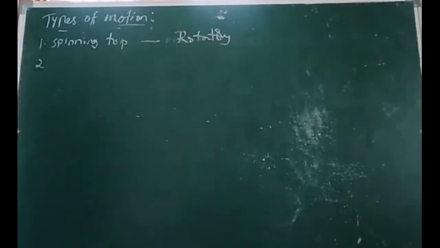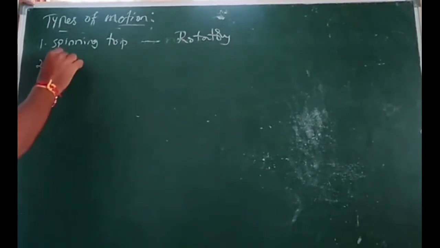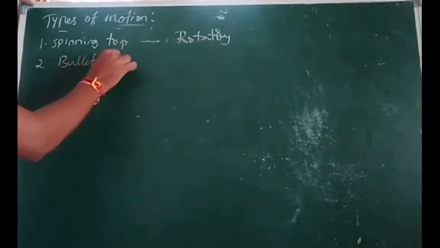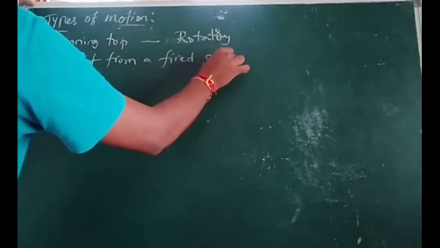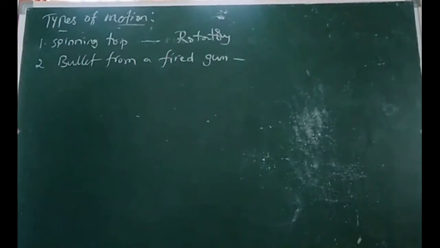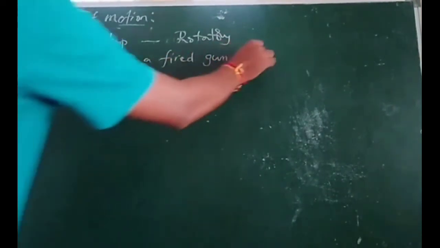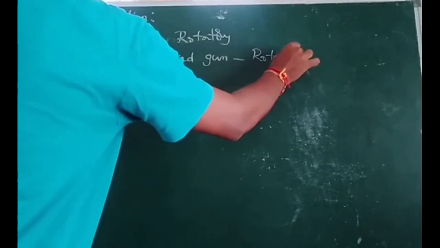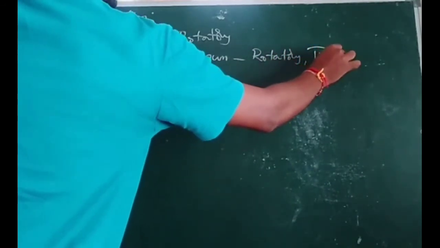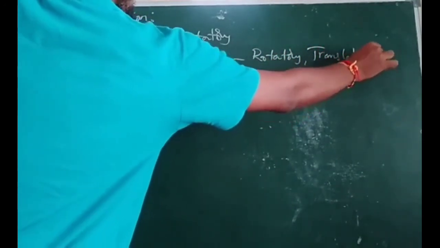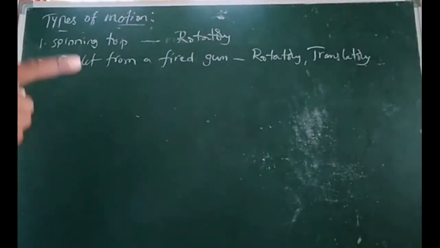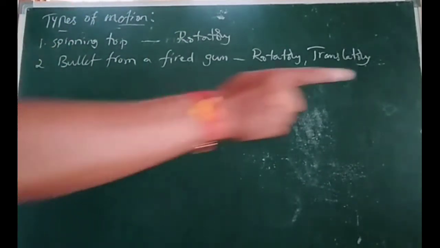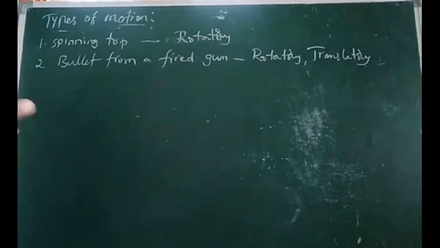Bullet from a fired gun is rotatory as well as translatory. Remember, when you trigger the gun, the bullet rotates and moves in a straight path.